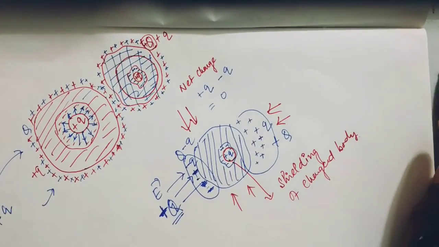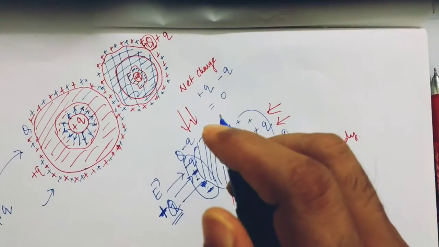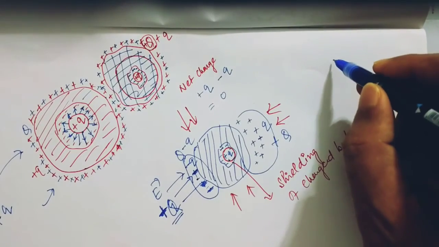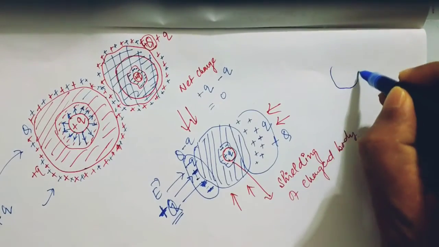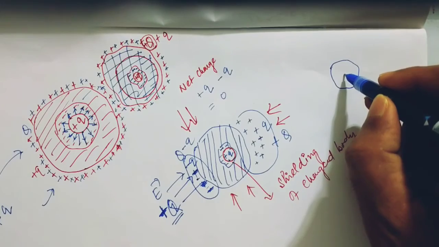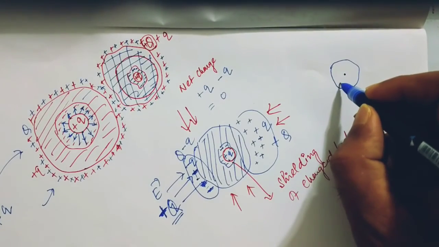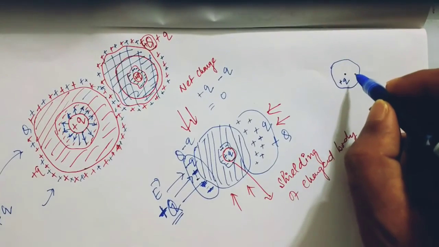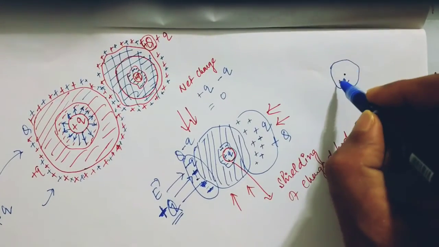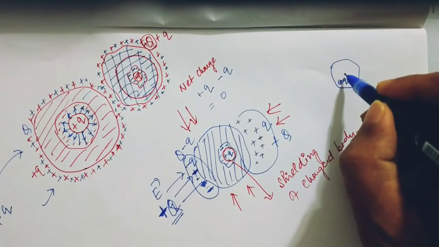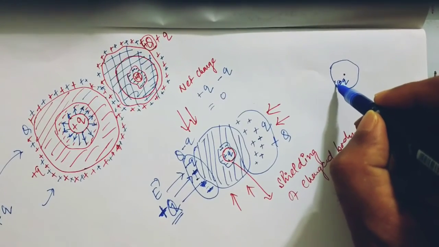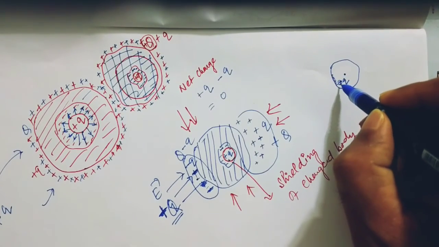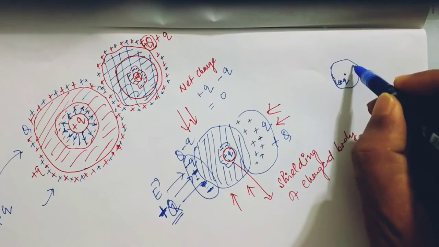And here, one thing to understand conceptually about this cavity: the charge could be placed in the center or in an offset position in the cavity. If the charge is offset, negative electrons will be attracted more and the concentration will be here, and it will be less on this side.